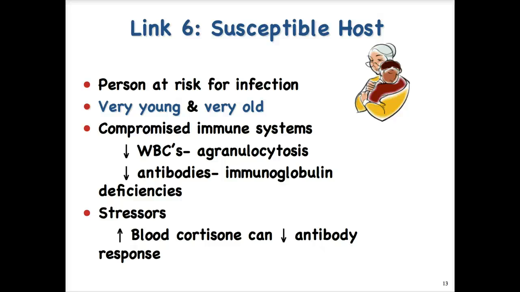So when people cannot fight infection, when their white blood count is not at a level where they can fight infection, they are also more susceptible to infection. So that's very important to remember.